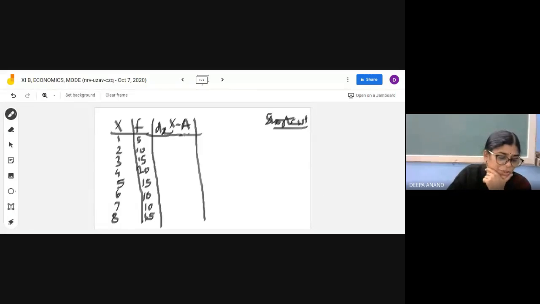Here for uniformity, you take 5 as assumed mean. So in this case, instead of mean, as it is a shortcut method, we are taking 5 as assumed mean.